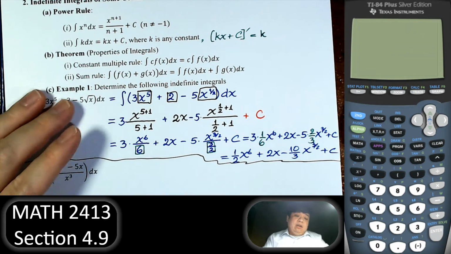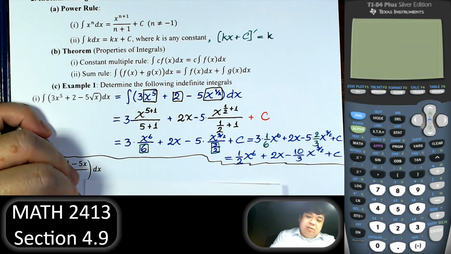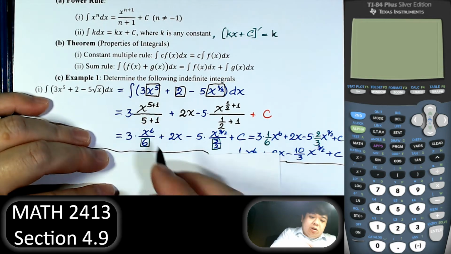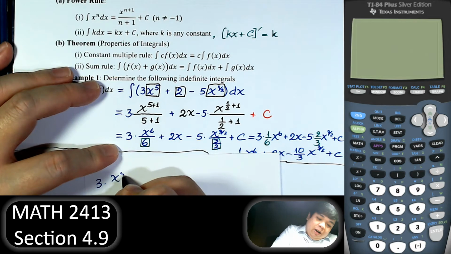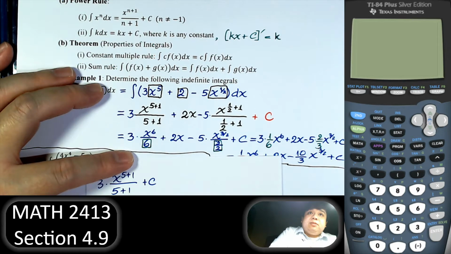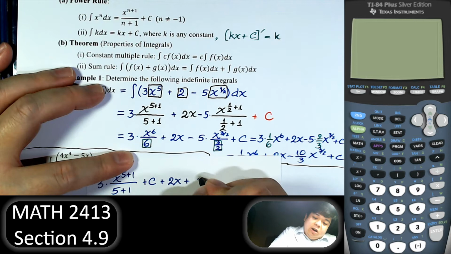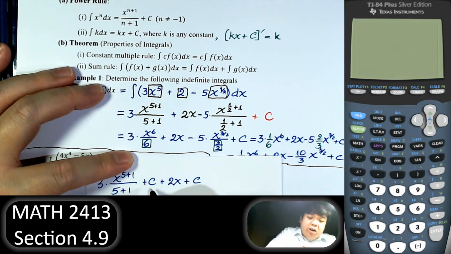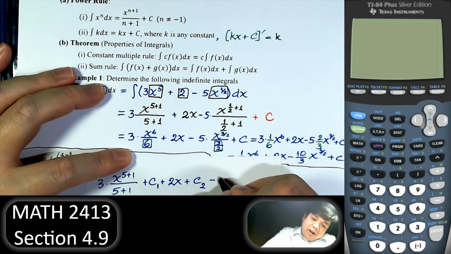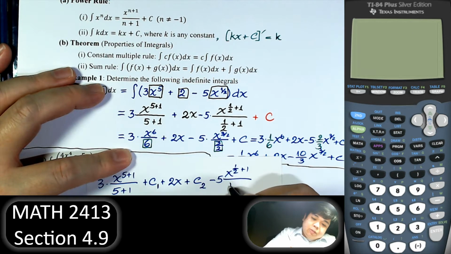Right. And now get back to the question: why don't we need to write a separate constant? Now let's just focus on that. I could write 3x to the 5 plus 1, plus a constant. And then the integral of 2 is 2x plus another constant. So just make sure they're different: constant 1, constant 2. And then 5 x to the 1 half plus 1, plus c, another constant.